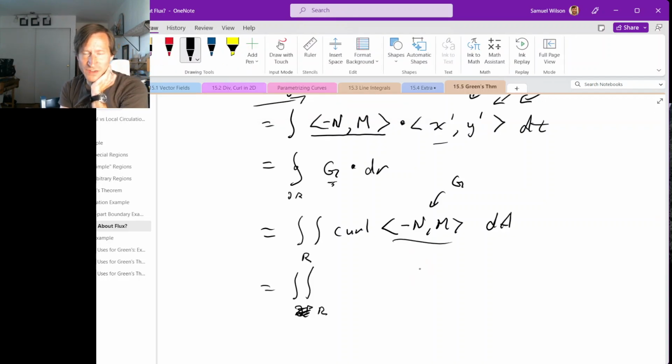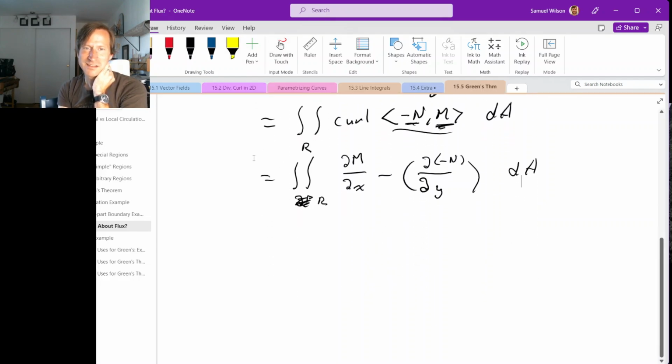The curl of this vector field is the partial derivative with respect to x of the y coordinate function, which is M, minus the partial derivative with respect to y of the x coordinate function, which is minus N, dA.